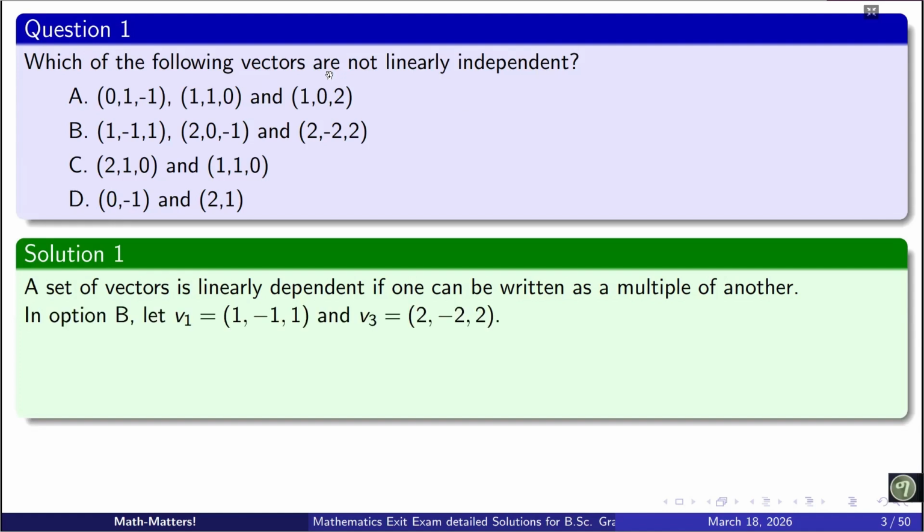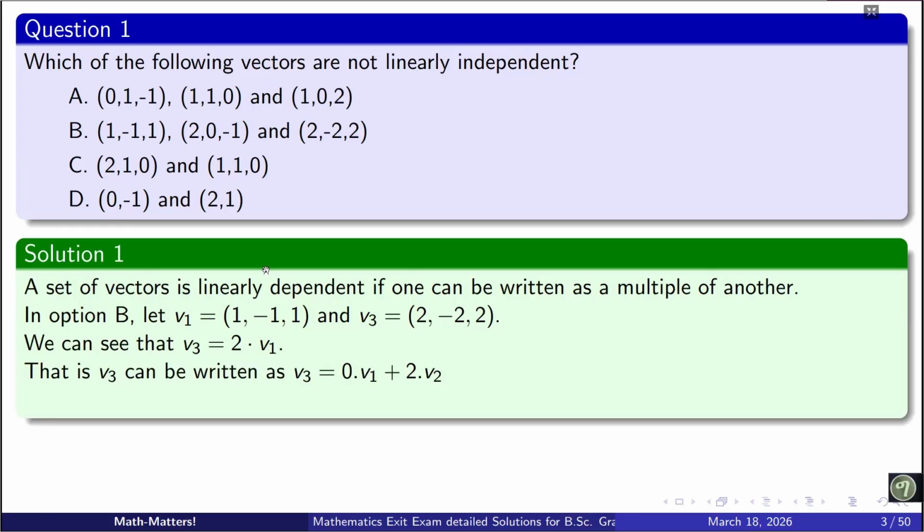So when we see option B here, we let V1 be the first one, V2 be this one, that is 2, 0, minus 1, and 2, minus 2, 1 to be V3. We know that V1 is simply 1, minus 1, 2. So V3, that is 2, minus 2, 1, can be written as a multiple of V1, because this one can be obtained from V1 by multiplying by 2, which is a scalar.